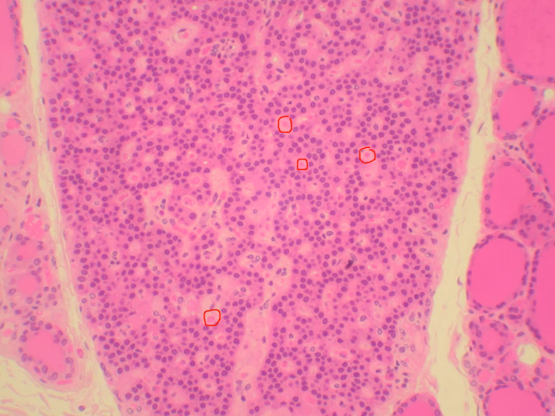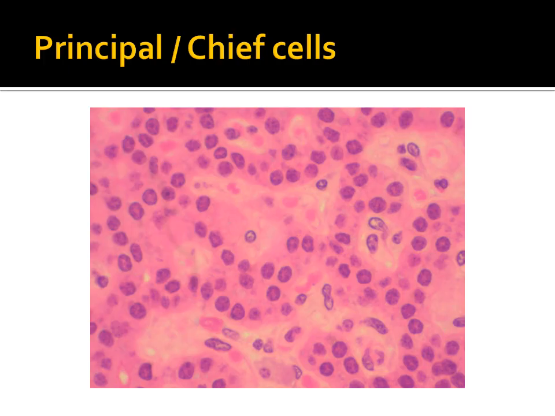But these cells are present along with the principal or chief cells in the parathyroid gland. The cells which I have highlighted are the oxyphil cells, and the rest, mainly the numerous larger cells, are the principal chief cells.